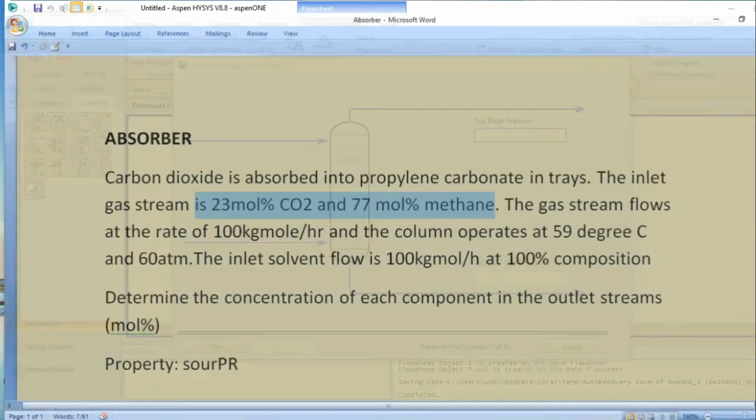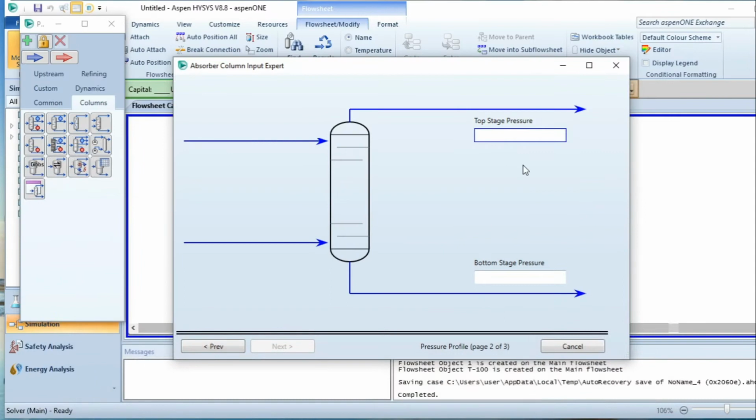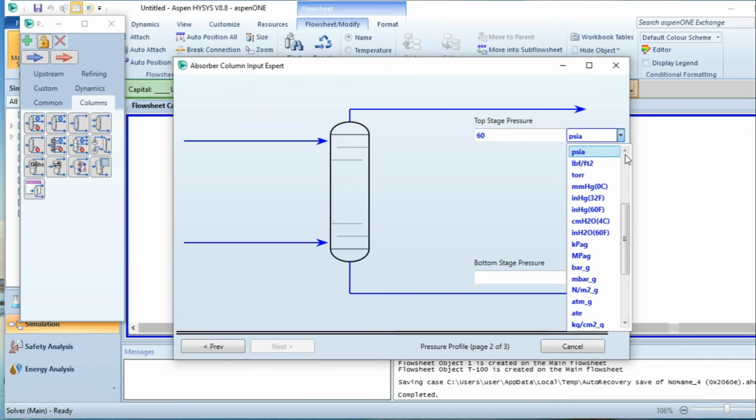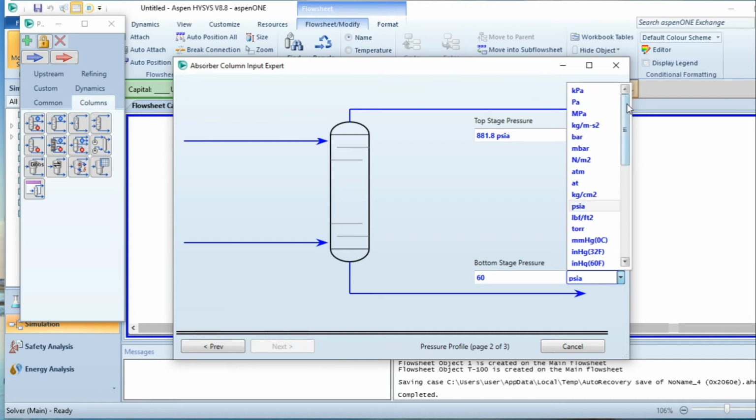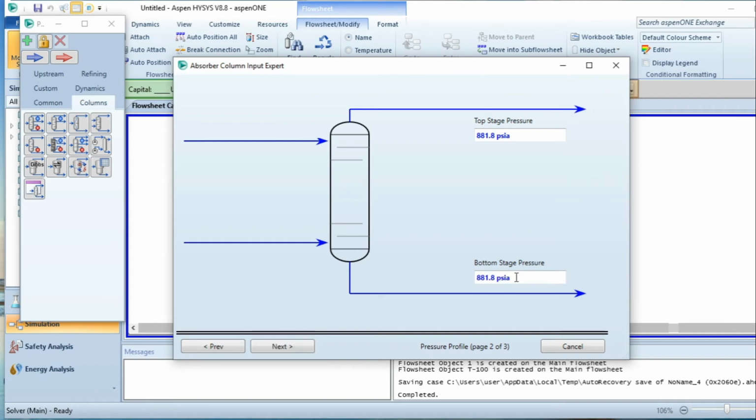So let's check the pressure. The pressure is 60 atm. The temperature is 59, and the unit is degrees Celsius.